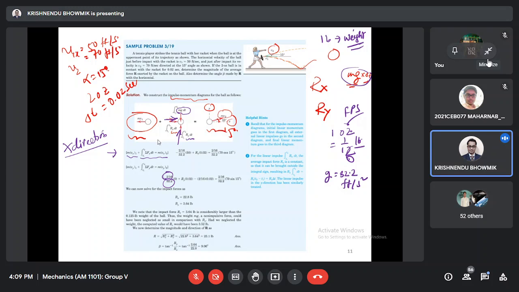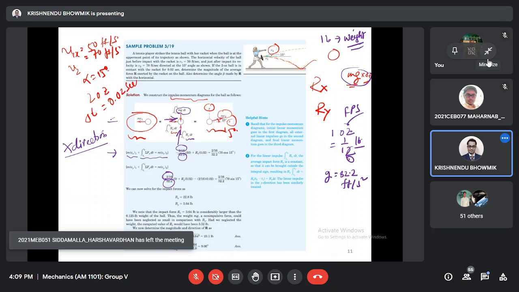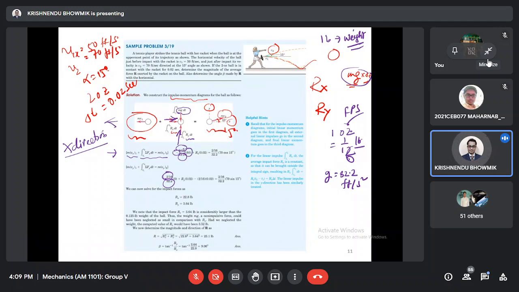Okay, in the horizontal direction it is 50. Now, as this is directed in this direction, we have a minus sign. So minus 50, you are right.